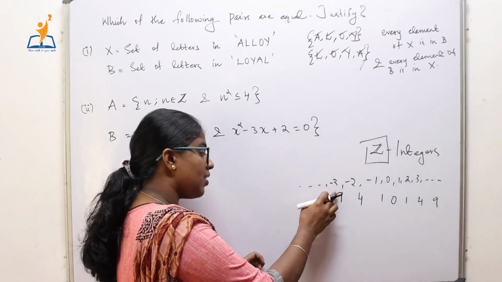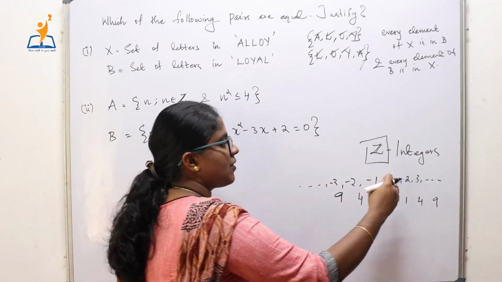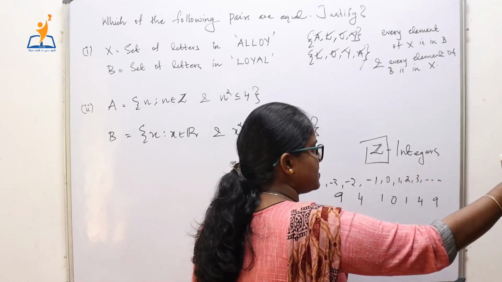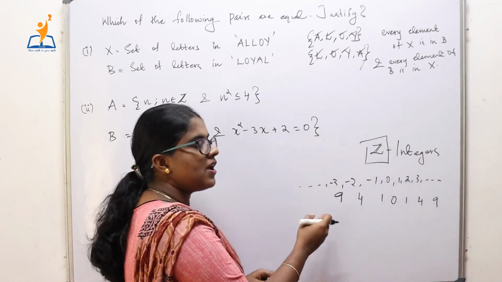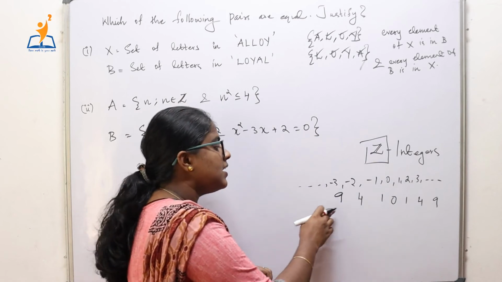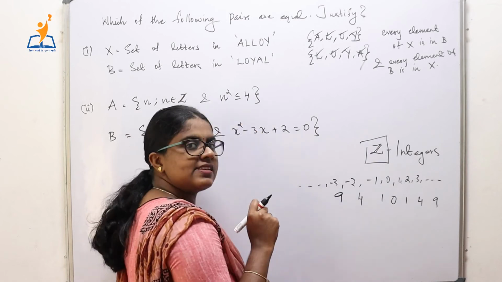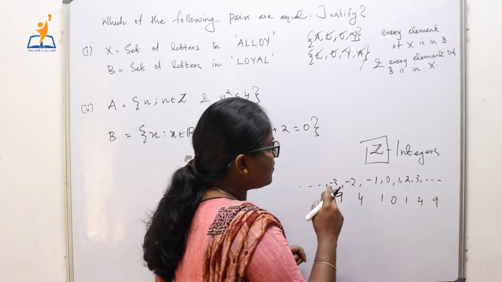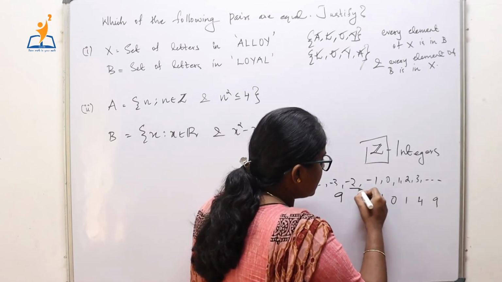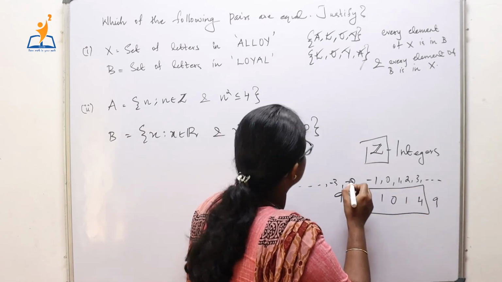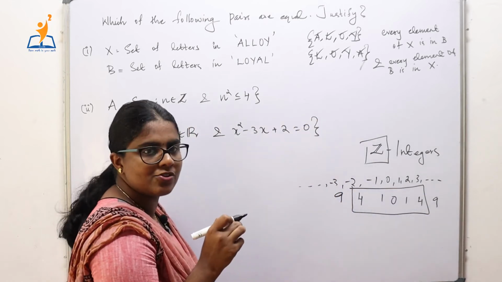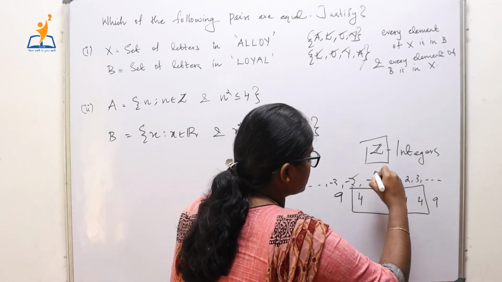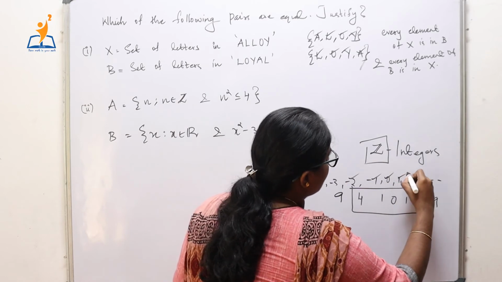So from 3 onwards to positive infinity and minus 3 onwards to negative infinity, the square is greater than 4, and we can say that the numbers which satisfy our condition n square less than or equal to 4 are minus 2, minus 1, 0, 1 and 2.